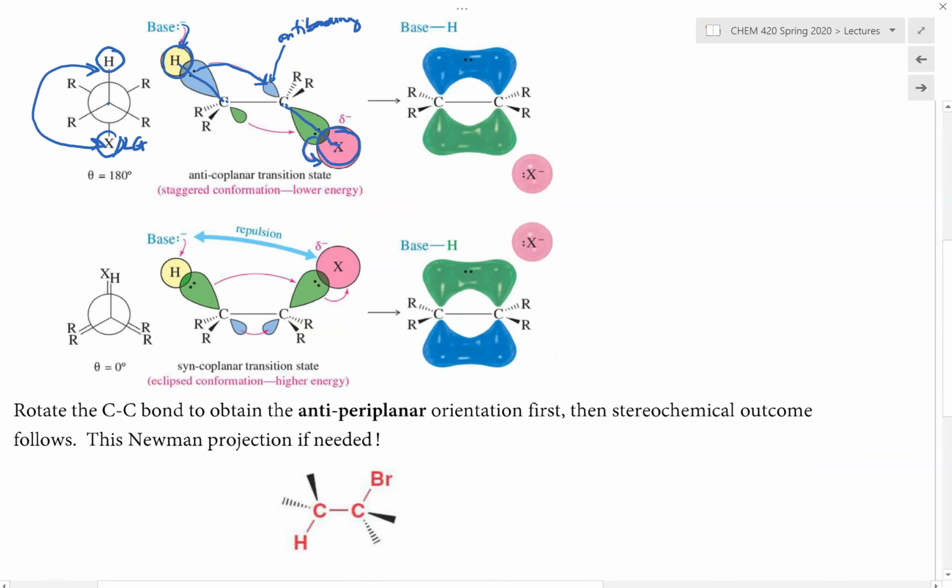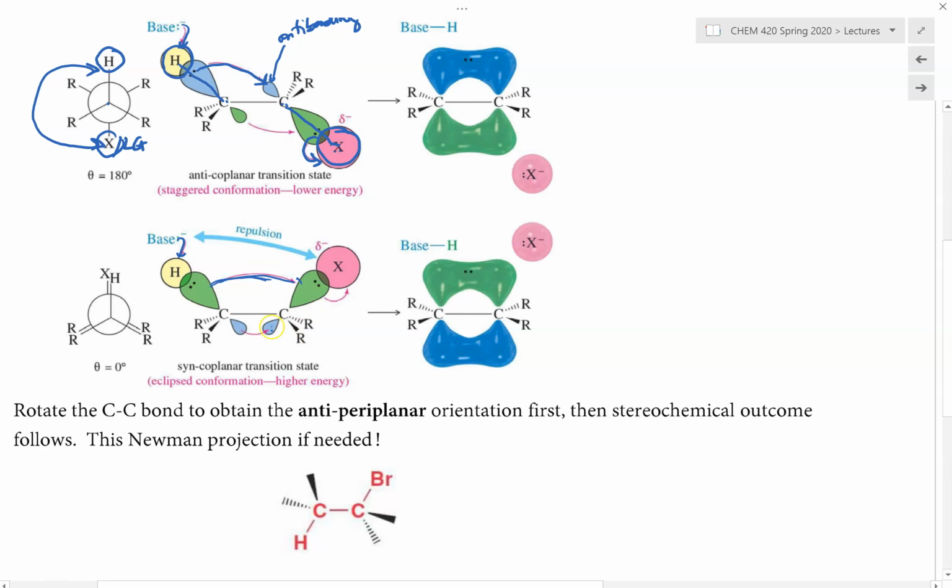If we were to have the C-H bond and the C-X bond not 180 degrees from each other, in this case right here, having been 0 degrees from each other or any other degree, they deviate from 180 degrees, then what we will see is that the orbitals do not overlap well. So here in this case right here, first the repulsion in here would occur, and second, as the base comes in here, the electron would not be able to donate into this anti-bonding orbital right here, because this is now parallel to this other orbital, to this bonding orbital in here.